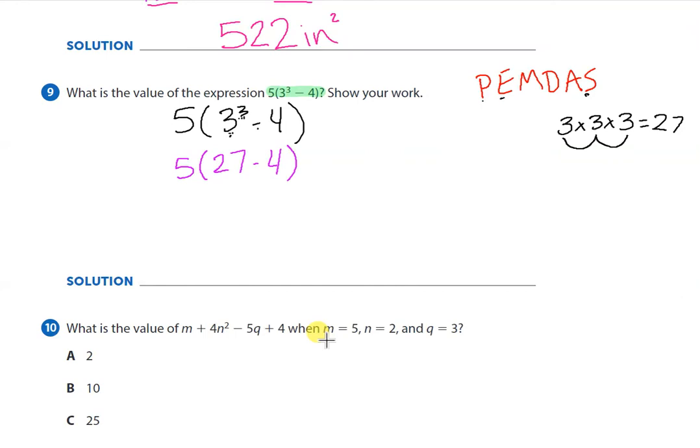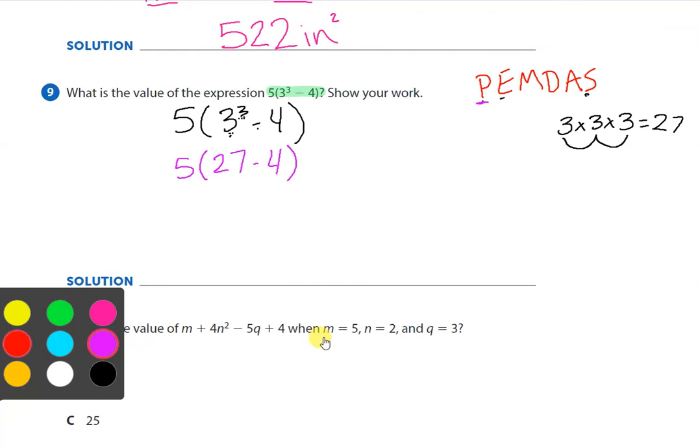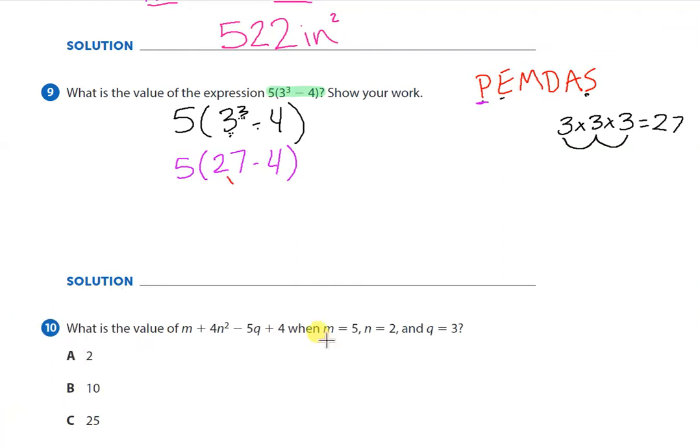We still have parentheses here, so we're still doing operations within the parentheses, and that other operation is subtraction. 27 minus 4 is 23.